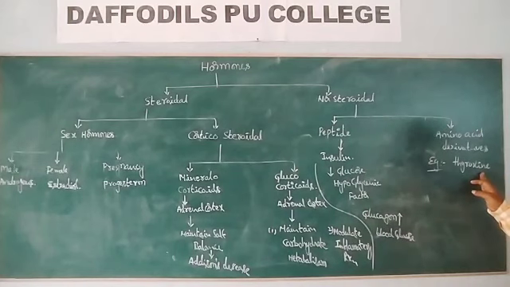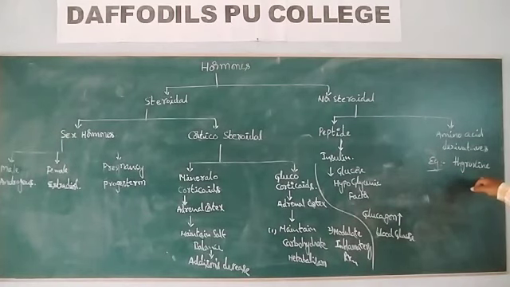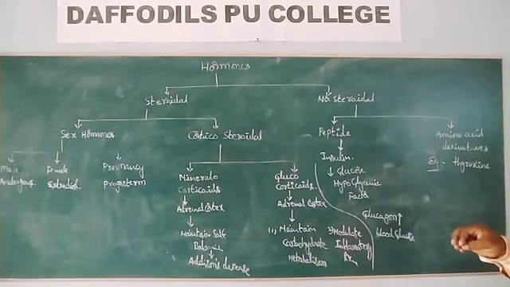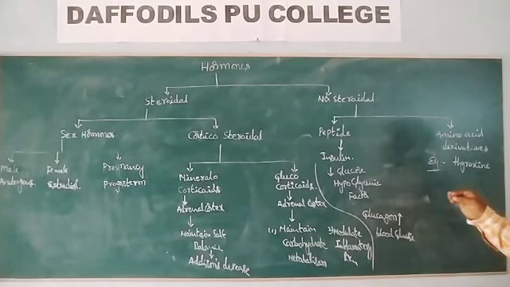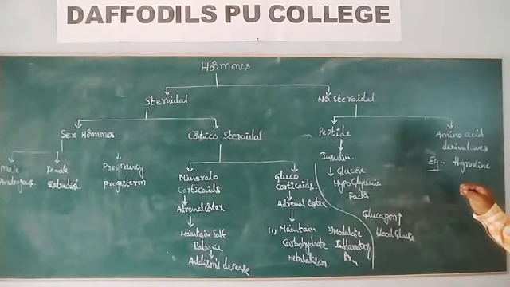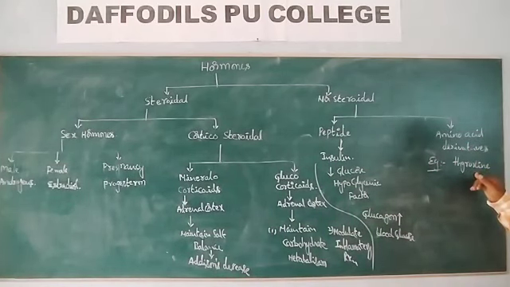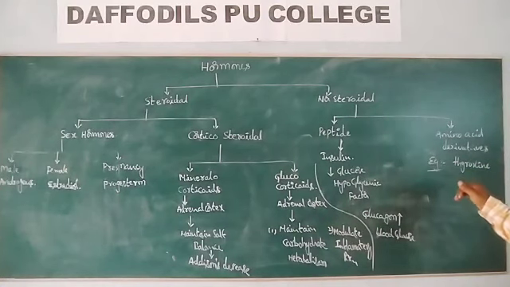Thyroxine is the amino acid derivative of tyrosine; tyrosine is an amino acid, and when it undergoes a few modifications, it changes into the thyroxine hormone.